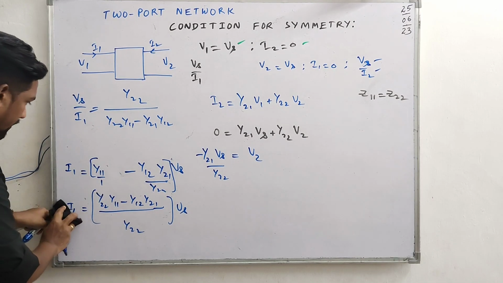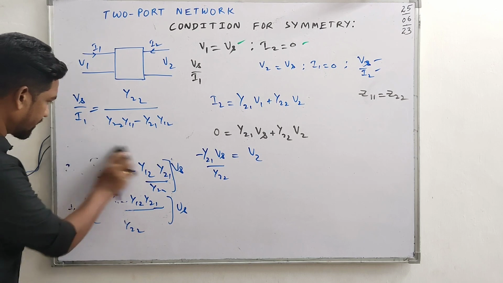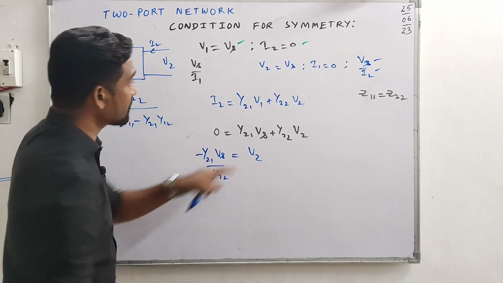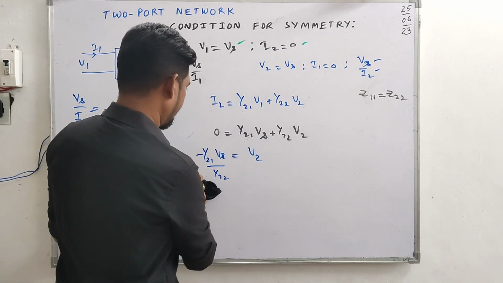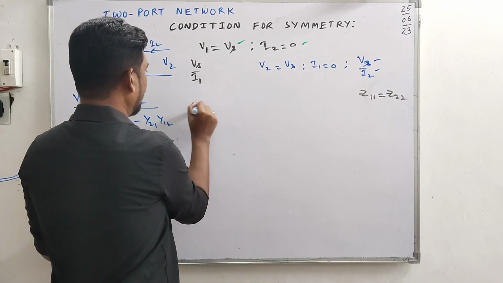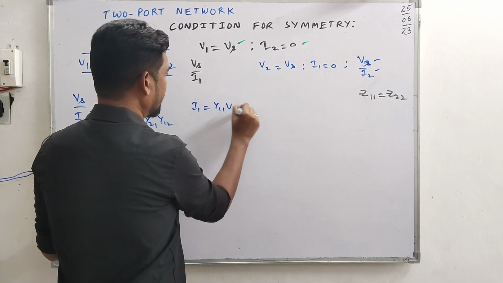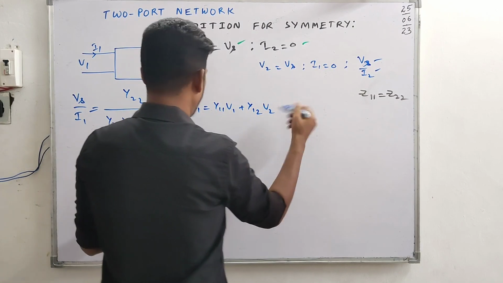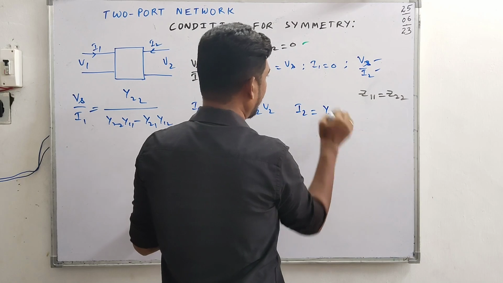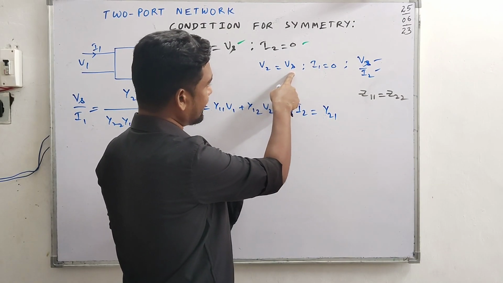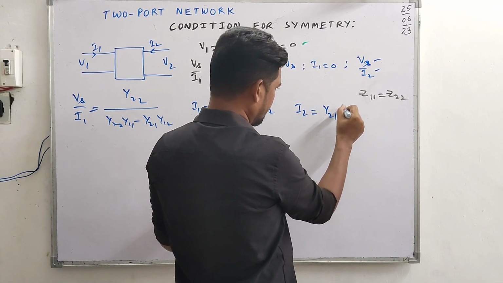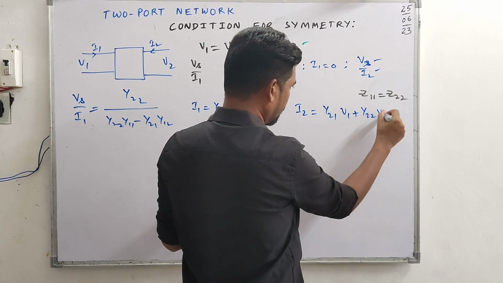In the same way, we will have to find Vs upon I2, and equating that will give us the condition for the two-port network being symmetrical in terms of y parameters. Once again, getting back to the two standard equations for y parameters: I1 equals y11 V1 plus y12 V2, and the second equation is I2 equals y21 V1 plus y22 V2.